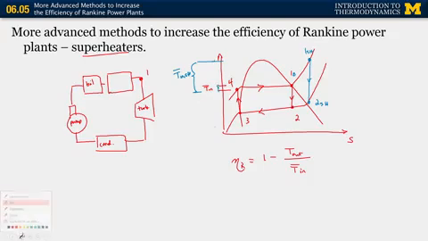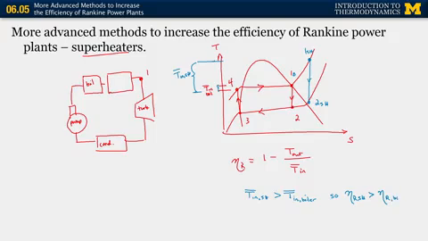So we can go ahead and we'll add some annotation here to say that's just for the boiler. I'll put my temperature axis back on there. And we can see that T in for the superheater, the average T in is greater than the average temperature at which we add heat for the basic boiler system. So the Rankine cycle with superheat, that efficiency is greater than the Rankine cycle with just the boiler.